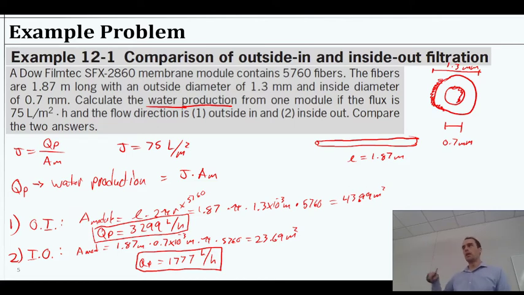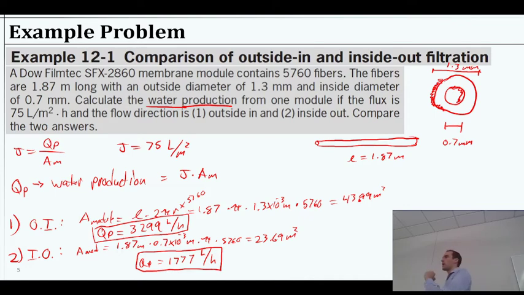Whereas if we take the inner side, we can even see based on the size difference, 1.3 millimeters versus 0.7 millimeters, it's almost 2 times as big of a surface area just by using the outer diameter, because these are such small fibers.